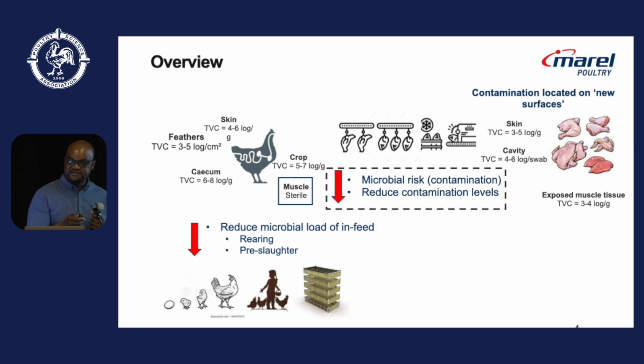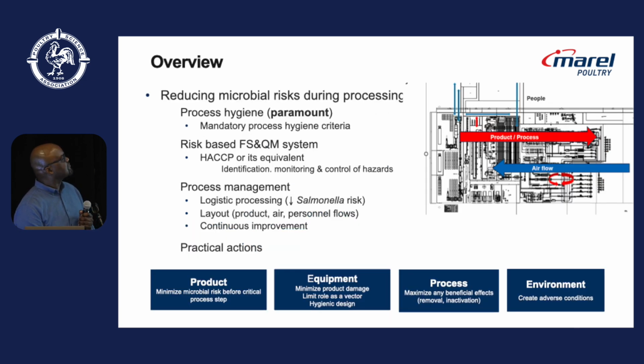And secondly, obviously, contamination is going to occur at some stage. There you can take measures to reduce the level of contamination on the product itself. In my talk today, I will try to focus mostly on that aspect of the process, and not the first one. It's not that it's not important, but because of the time, I will just focus on that aspect.